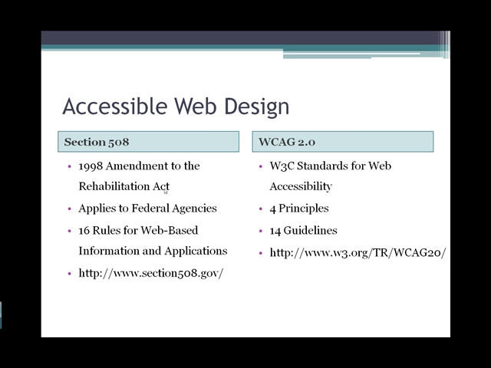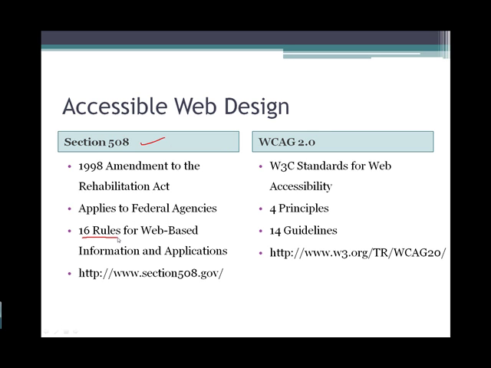So there are some rules and guidelines that govern what this means. Well, we've got Section 508, which is the 1998 Amendment to the Rehabilitation Act, and this applies to federal agencies to make sure that employees of federal agencies or people who use information produced by federal agencies are able to access and use that information. And it may apply to you as well, depending on your situation.